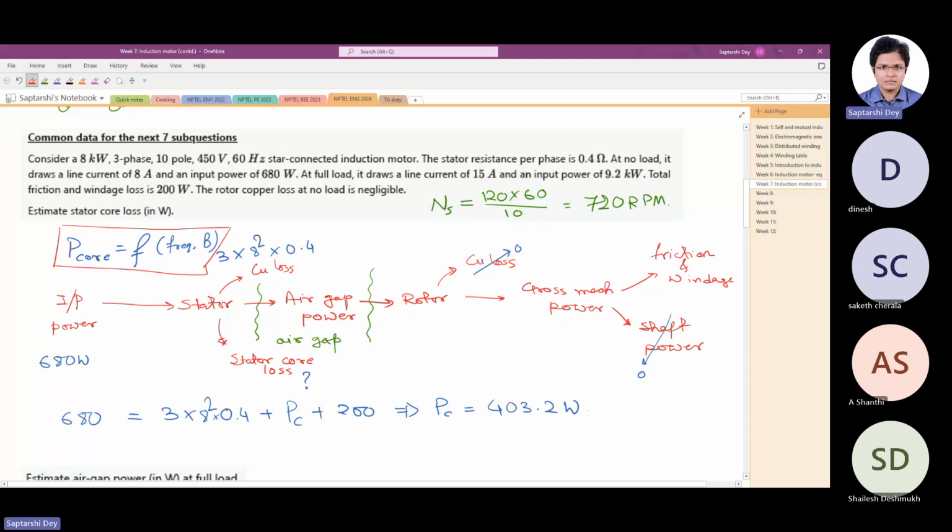So the core loss is constant, whether it is full load or no load or whatever the loading condition might be, so we can calculate it at any loading condition. Since we do not have data of the rotor resistance, and we have been asked to neglect rotor copper loss at no load, it's easier to calculate this at no load. Rotor copper loss we need not consider here.